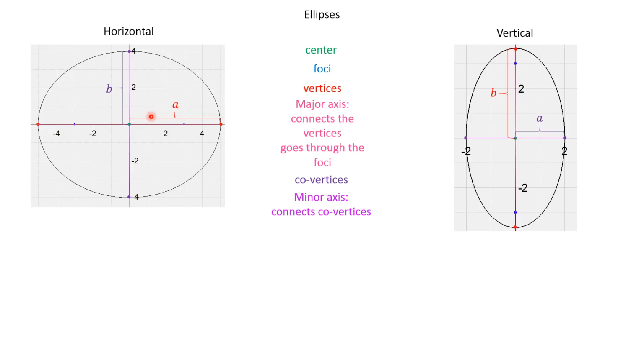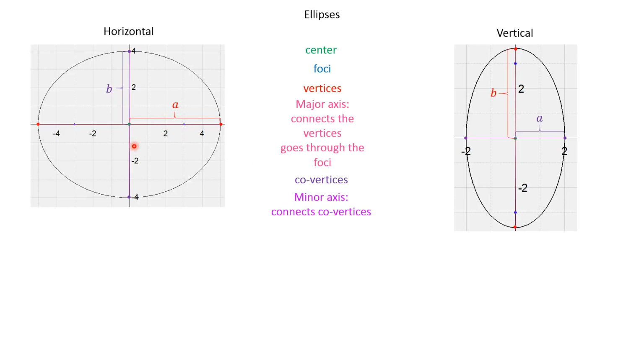So personally, I like A to be the horizontal radius, B to be the vertical radius. But again, if you look in the book, it's going to have something different. In reality, these are going to be numbers, and so it's not going to make much of a difference.